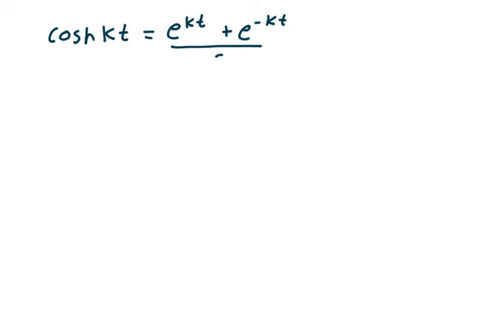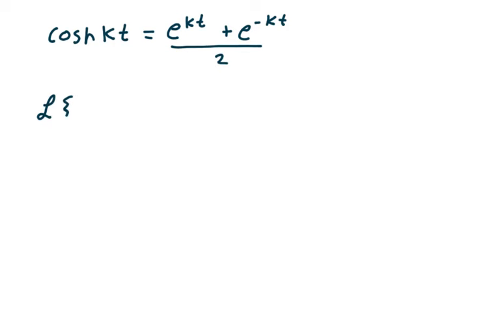And what I want to do is I want to show you 2 more with the time we have. If I look at cosh of kt, hyperbolic cosine, this is e to the kt plus e to the negative kt, all divided by 2.